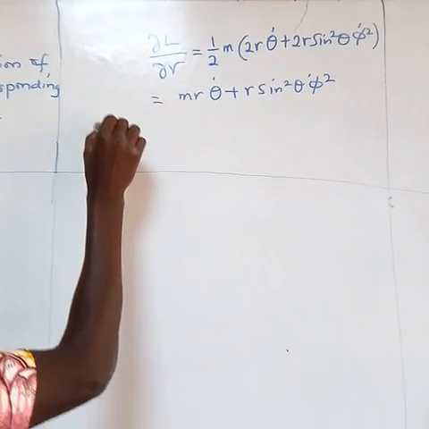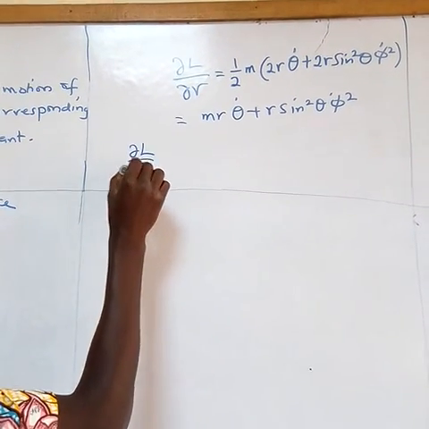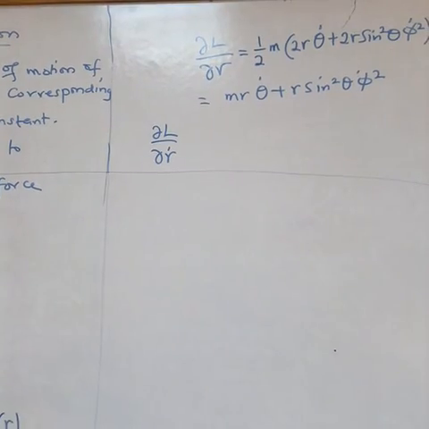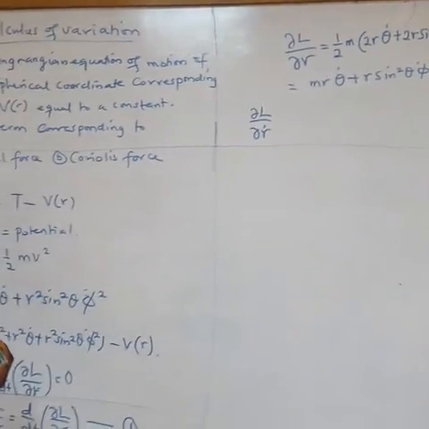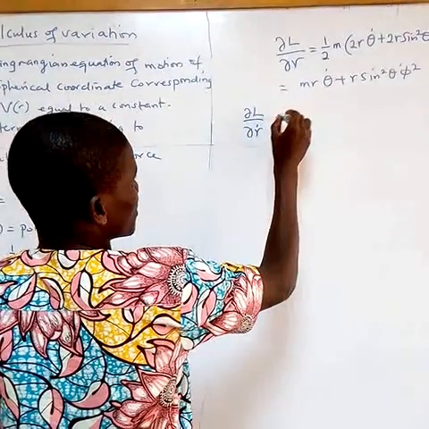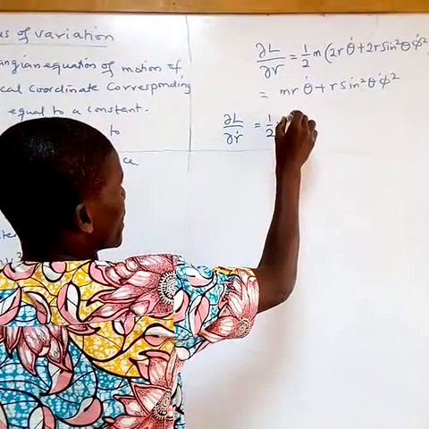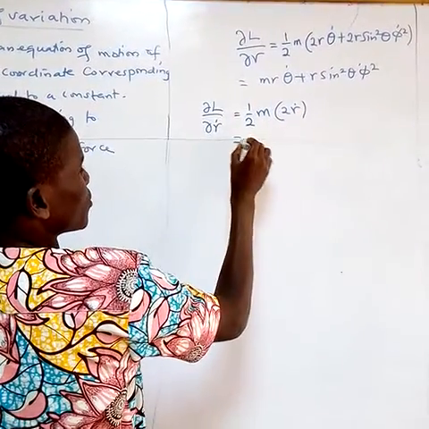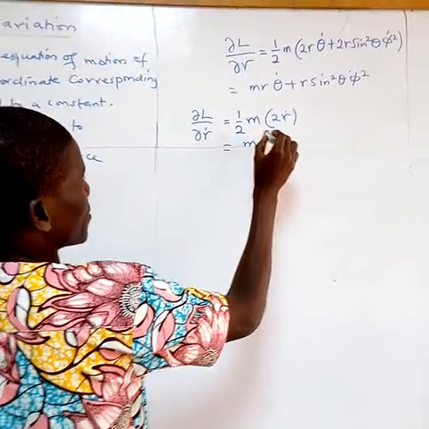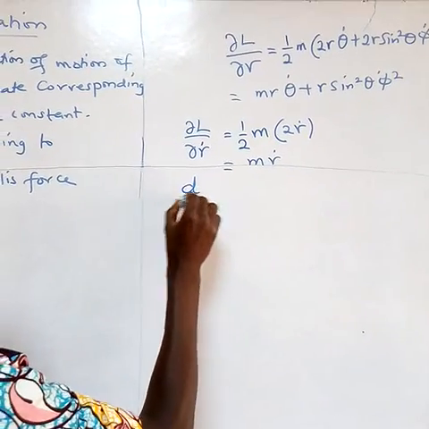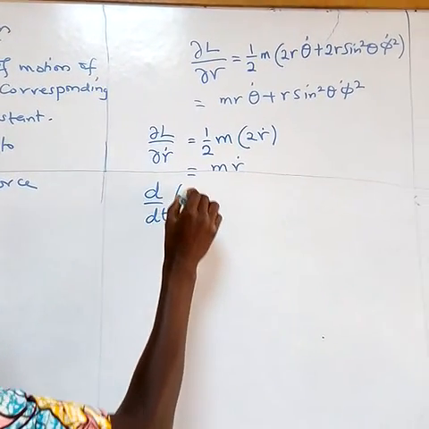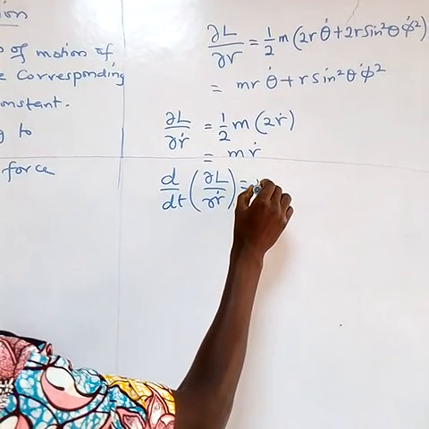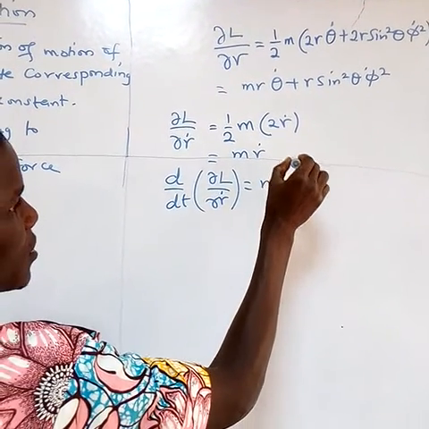What about partial of L by partial of r dot? The only one that contains r dot is this one. So automatically we are going to have 1 over 2m into bracket 2 this. So this one is going to give us m r dot. What about d dt into bracket partial of this by partial of r dot, which is equal to m r double dot.